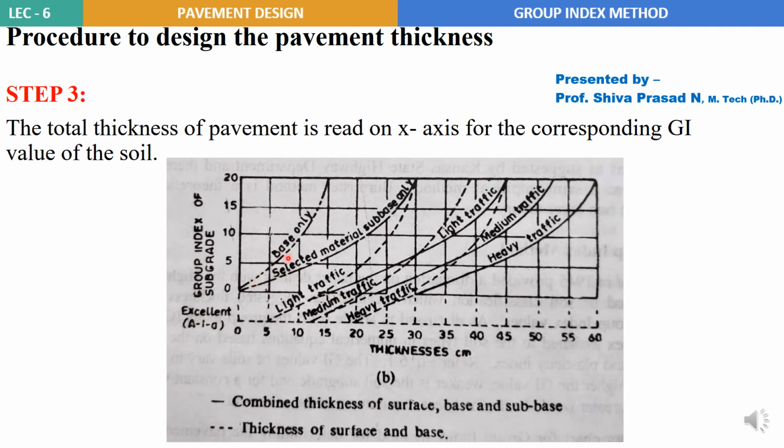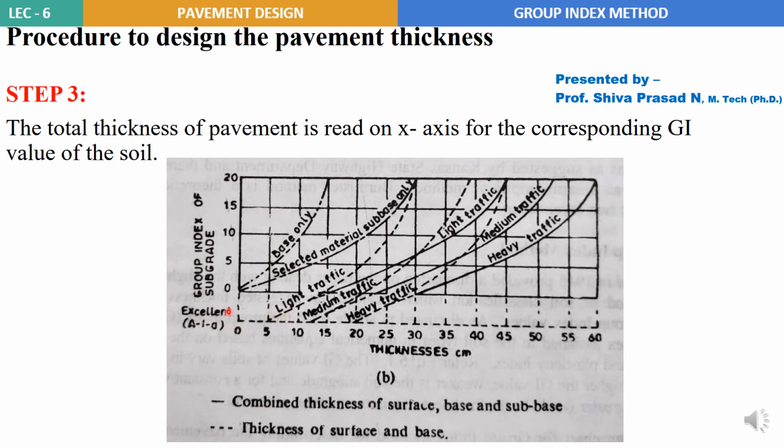So you have many curves which are given over here. The continuous line represents the combined thickness of surface, base and sub-base layers, and the dotted lines represent the thickness of surface and base layers only.